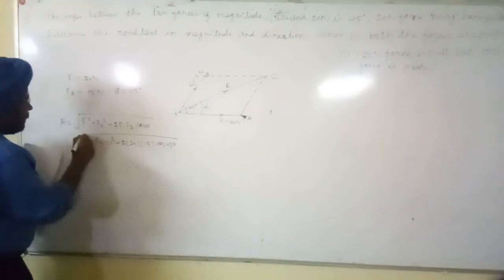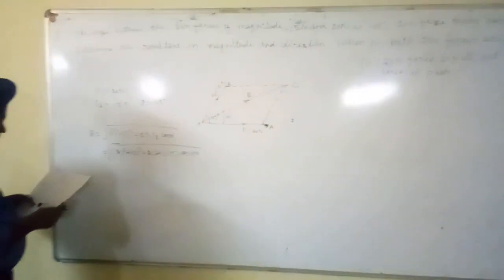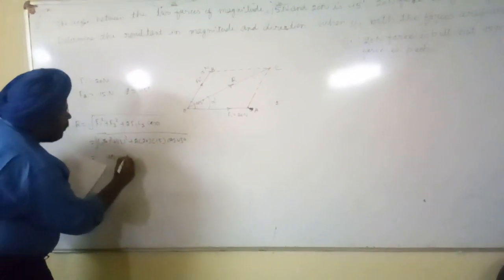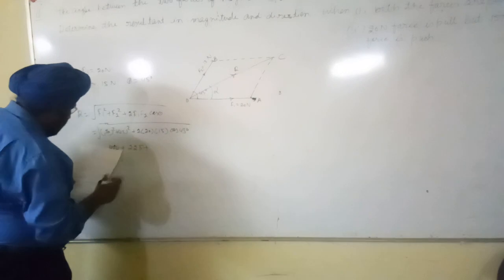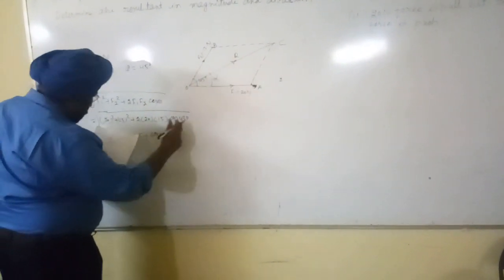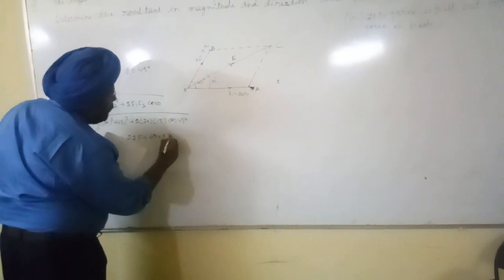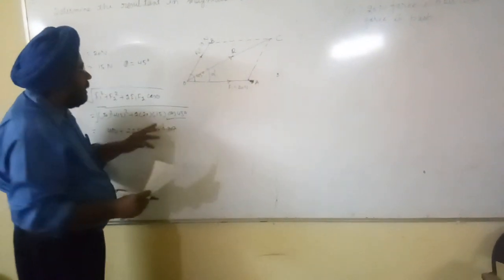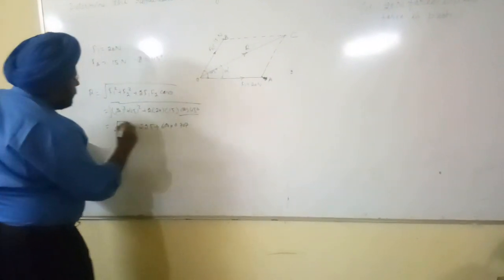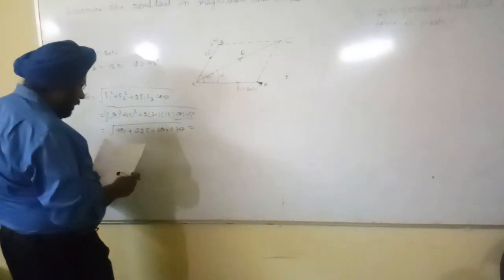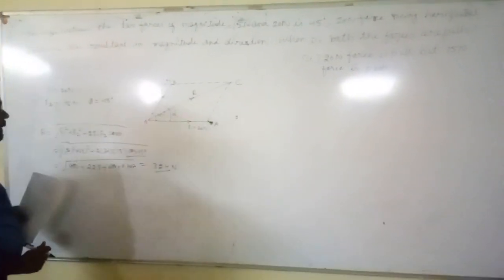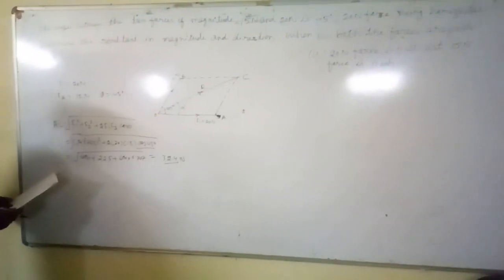So R is under root of 400 plus 225 plus 600 into cos 45 degree, where cos 45 degree is 0.707. So the resultant force is 32.4 Newton.